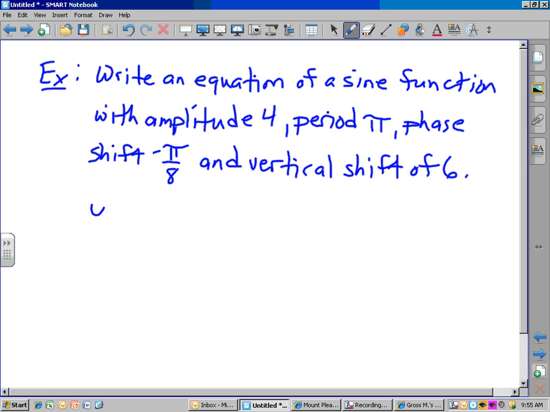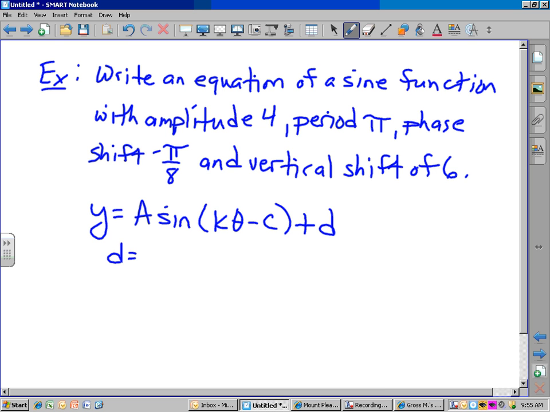All right, we need this. Y equals A sine of K theta minus C plus D. We need to find A, K, C, and D. We need to find all 4 of those letters. What do we know right now? We know a couple of these things immediately. D. D I like.